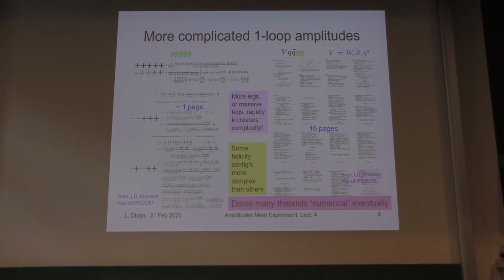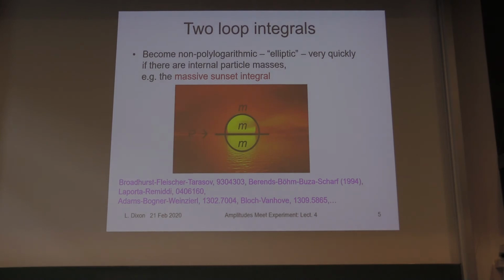We'll get back to the phase space integrals in a second, but I just wanted to say a couple words about two-loop integrals, partly to make contact with Johannes's talk. So Johannes derived a lot of beautiful results for things that were not multiple polylogs or Goncharov polylogs, but involved elliptic polylogarithms.